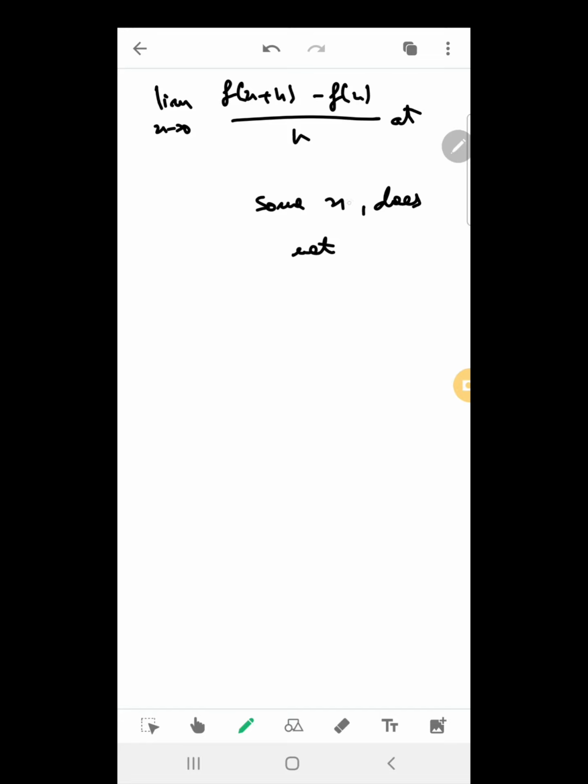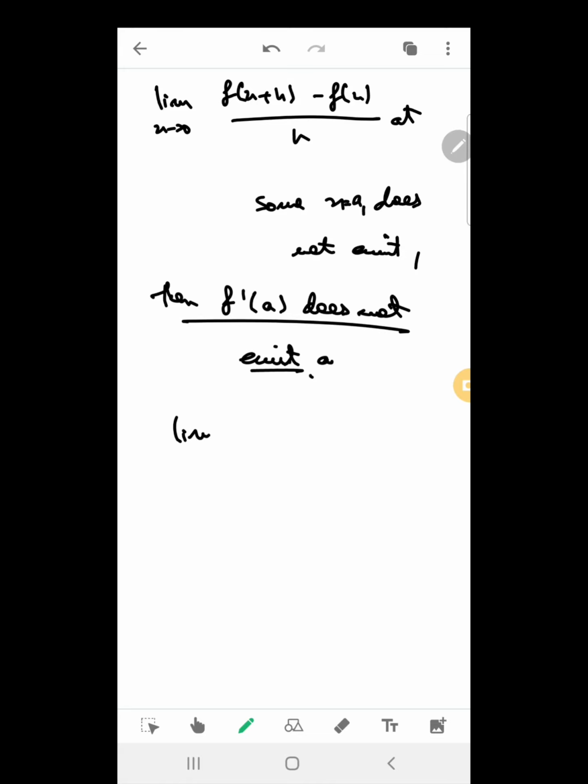I guess you people know about continuity and differentiability: if the limit as h tends to 0 of f(x plus h) minus f(x) over h at some x equals a does not exist, then f dash a does not exist.